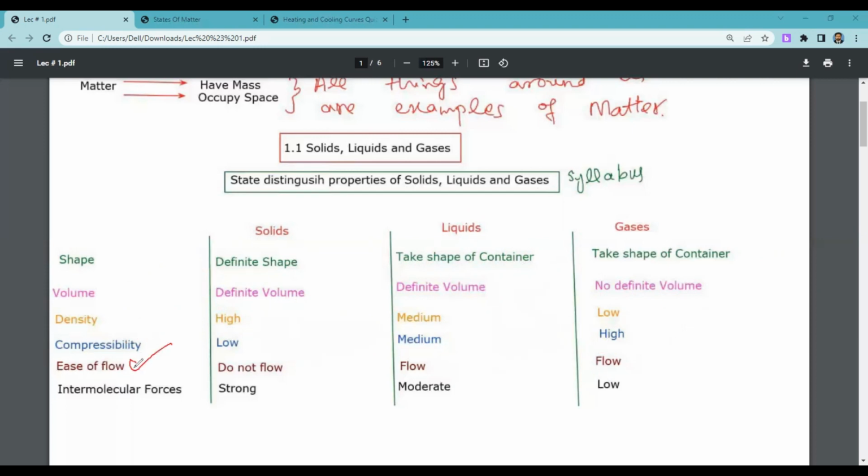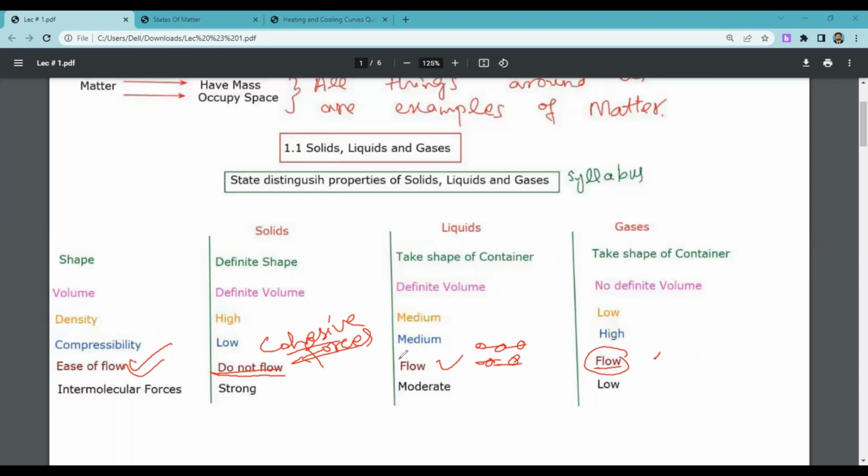Ease of flow. Solids do not flow because strong cohesive forces are holding them, while liquids flow easily because of the distance between them. They can be moved here and there. And gases also flow.